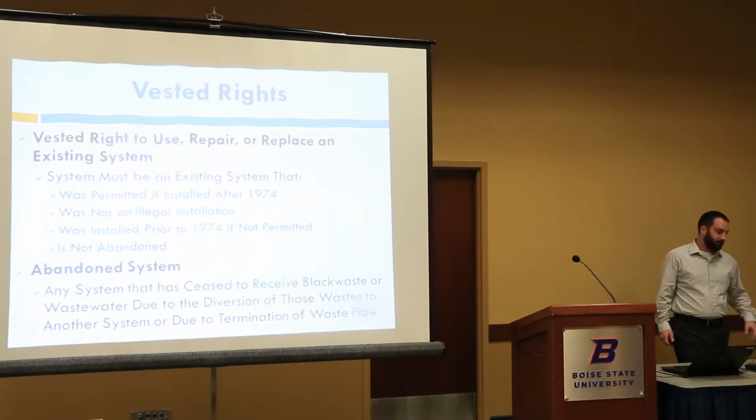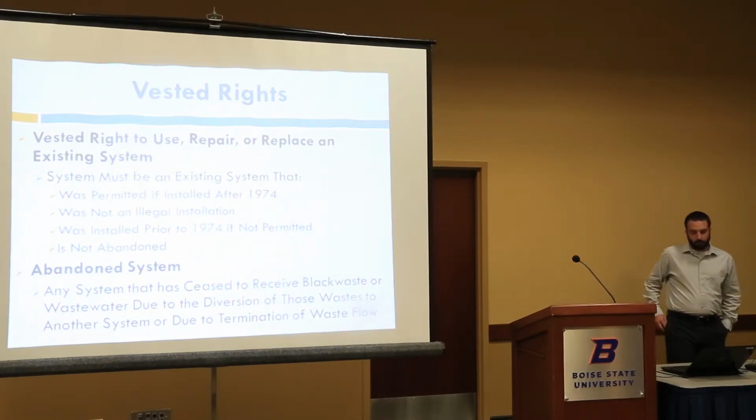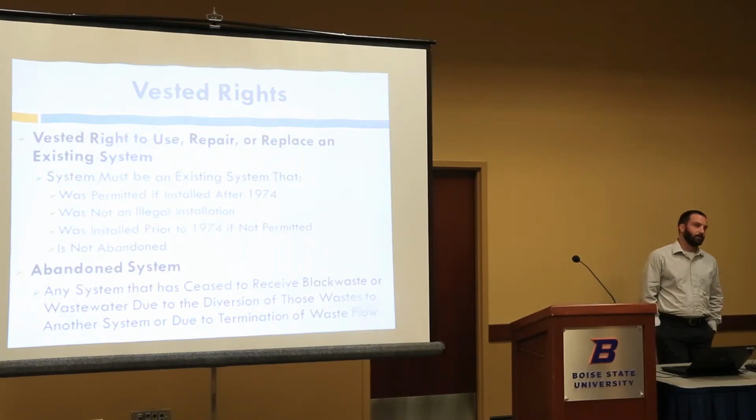What about an older home that gets bulldozed and they want to build a new home there? The same replacement rules still apply to the old system there? Yeah, that's still a vested rights thing on the use of that existing system. It's up to the district on whether they would consider it an abandoned system and allow it to be used or not.